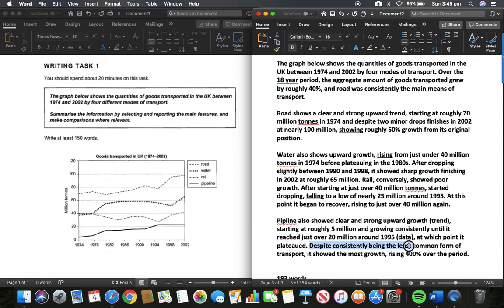Despite consistently being the least common form of transport, it showed the most growth. All right, so this is one of the things that a lot of people just don't do in the test. They ignore. They just think that, oh, it's small and it's unimportant. But it grew a lot. That's 400% growth compared to 50%, which road showed.